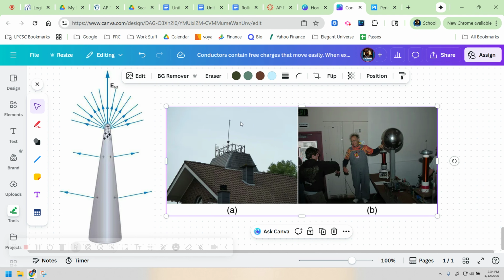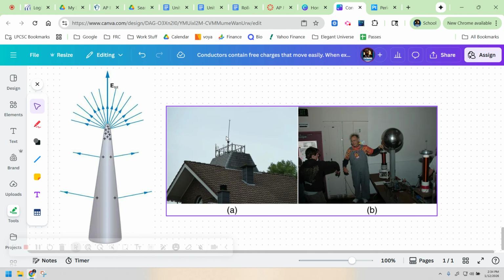We just saw that when you have a uniform electric field and a neutral conductor, like this lightning rod, the field will gravitate towards the lightning rod, and it protects the rest of the house. Lightning rods are usually connected to very thick gauge wire that goes to the ground, and electricity follows the path of least resistance. It's much easier to go through that wire to the ground than through your house. These are put on tall buildings to protect them from lightning strikes, and they work most of the time.